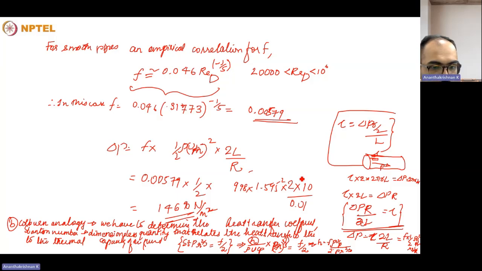We substitute the values. The friction factor in this case is equal to 0.00579.